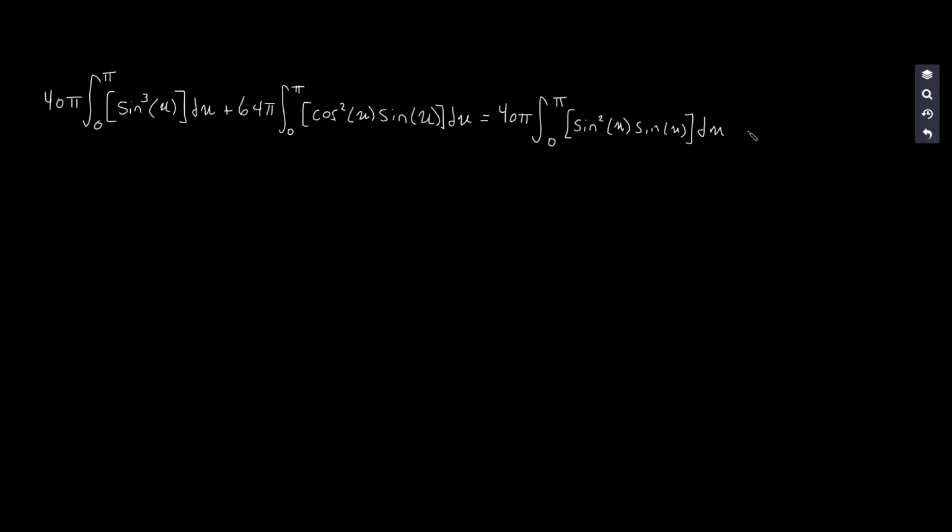And then this second one, I don't know. This one, the second one, it's like plus 64 times pi, the integral from 0 to pi times cosine squared of u. Oh no, I'm running out of room. Hold on. That's okay.